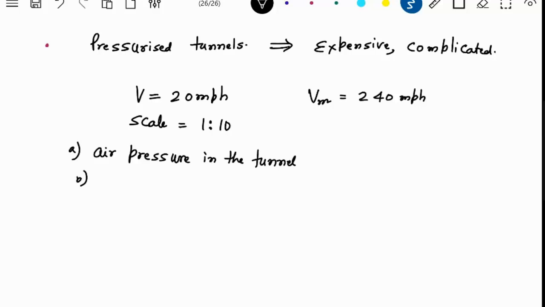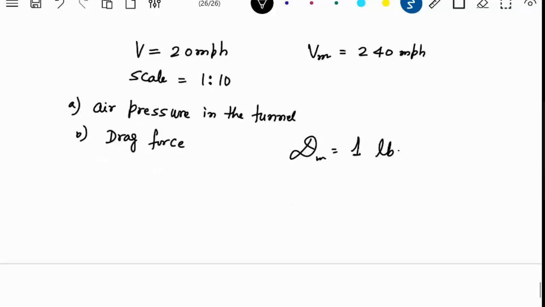And the second thing you have to find is the drag force on the prototype, corresponding to a drag force on the model of 1 pound. So this is an example of an object immersed in the fluid.